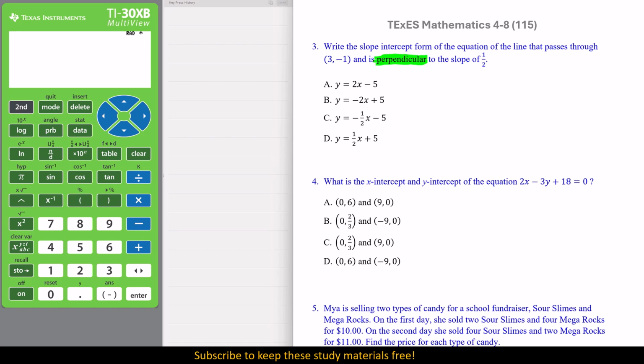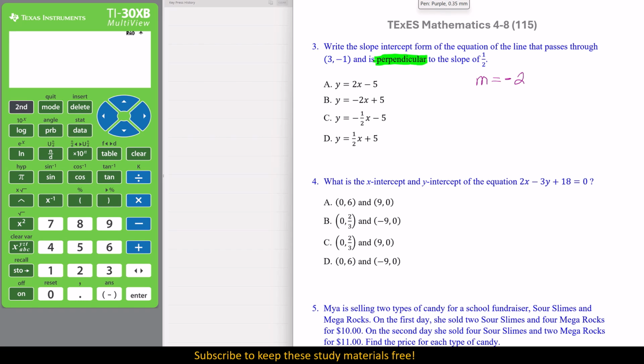Okay, if you remember from other videos, your notes, or you familiarize yourself with this, if we want something to be perpendicular, we need to take the inverse reciprocal. So this means we need our slope to be -2. We turn it into a negative, and then we use the reciprocal, which means we take the half, flip it over, and we get 2 over 1. Well, we don't need the understood one.